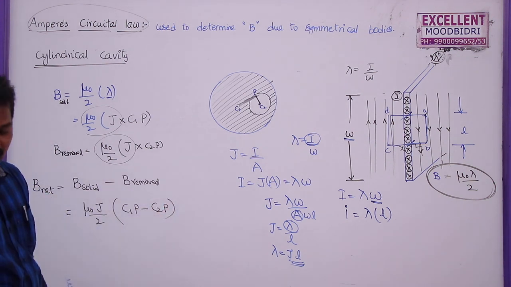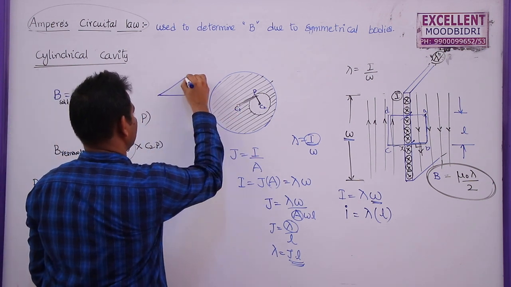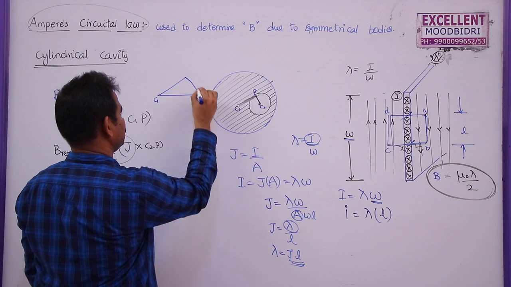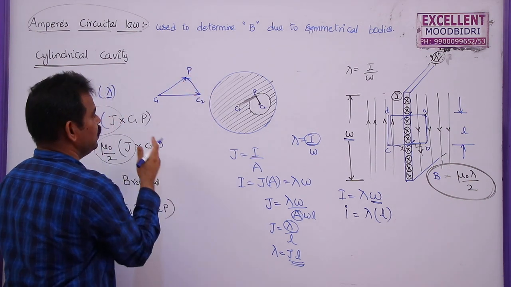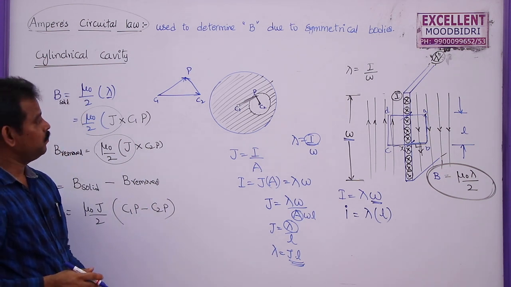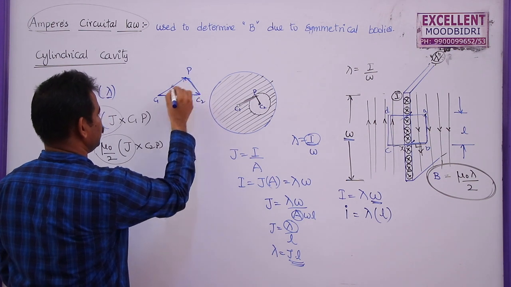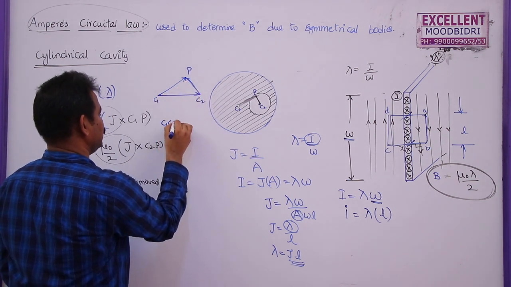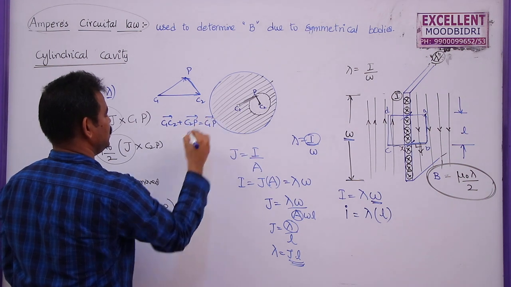But C1P is a vector here. This I can write here. So this is C1, this is C2, this is P. This is C1P, this is C2P. So by using the triangle of vector addition, this plus this will give this one, that is C1C2 bar plus C2P bar is equal to C1P bar.